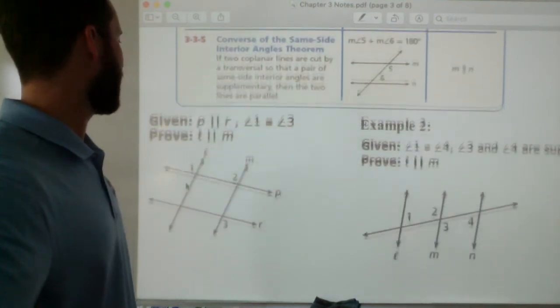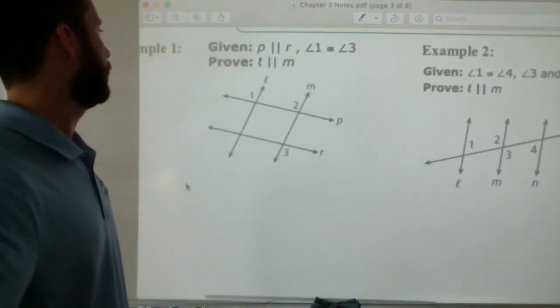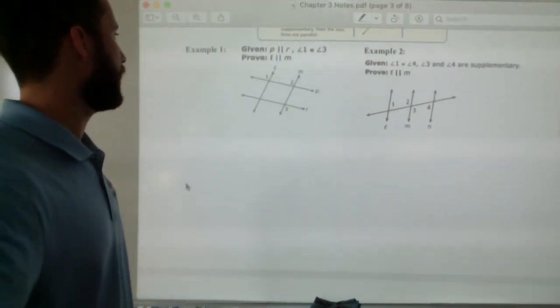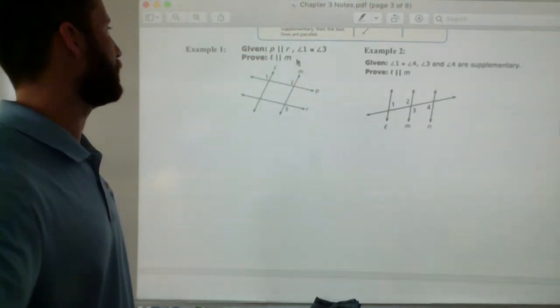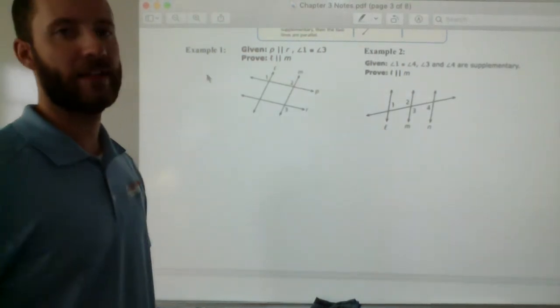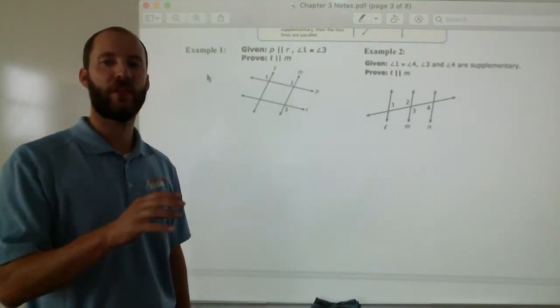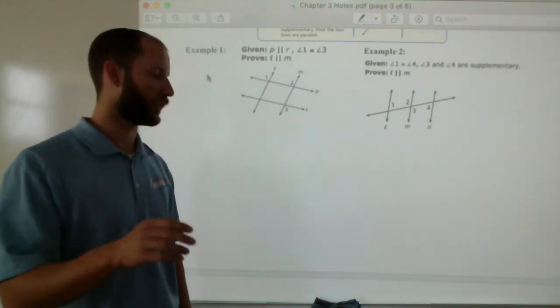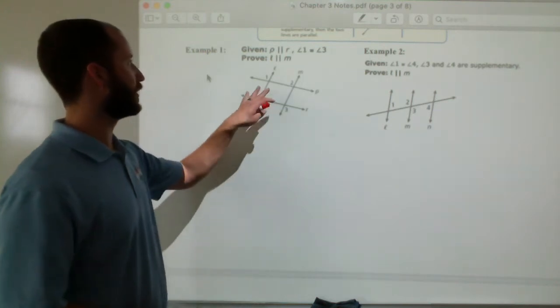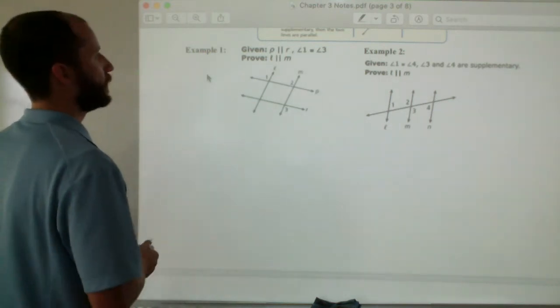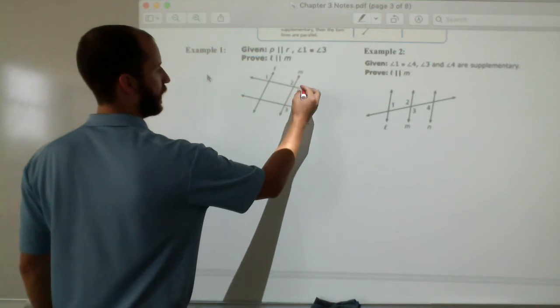So if you are looking at a proof that has the prove statement that two lines are parallel, that means you need to be using a converse theorem or a converse postulate. So let's take a look at example 1, okay? We have P and R are parallel to each other.